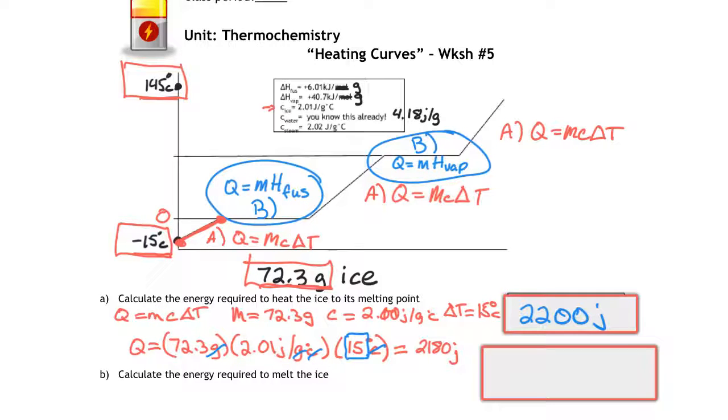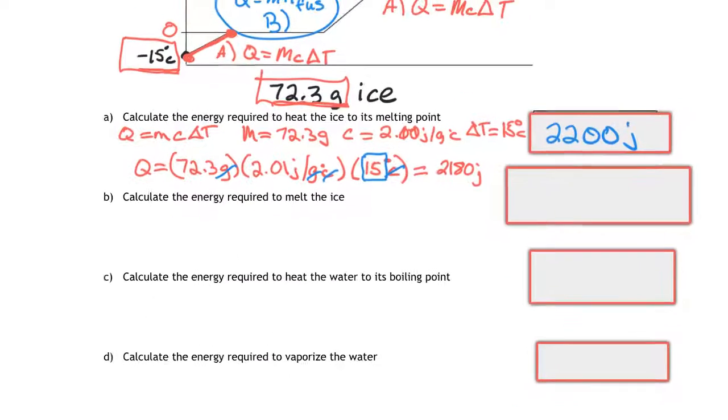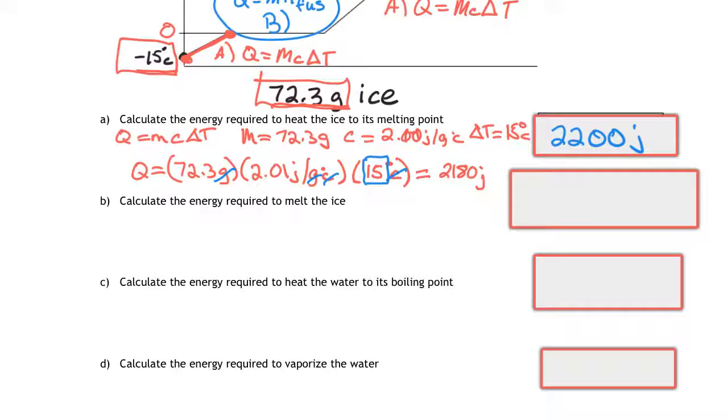Now I'm ready to do the next part of the question. Calculate the energy required to melt the ice. I'm on this part of the graph here. So my formula is going to be Q is equal to the mass times the heat of fusion.